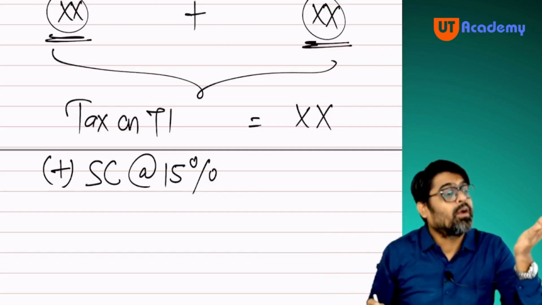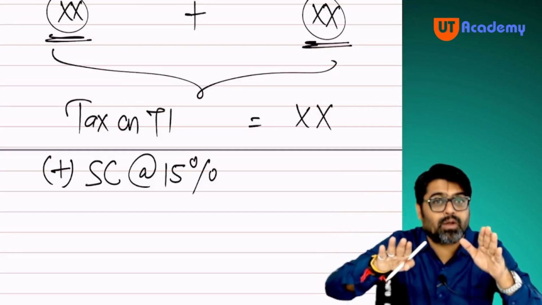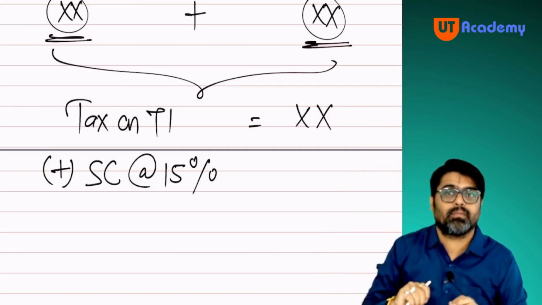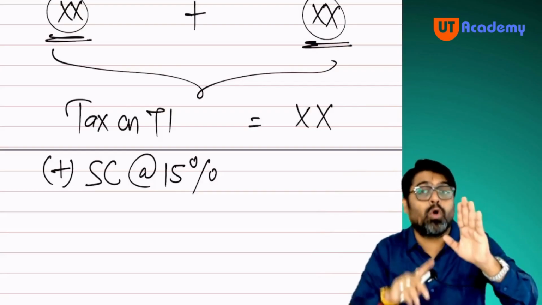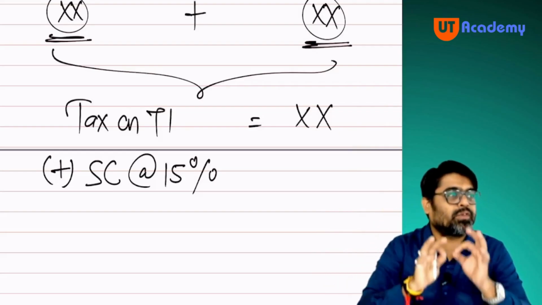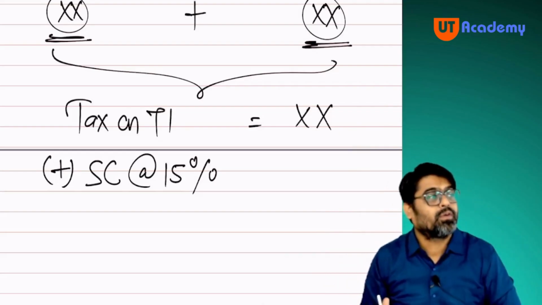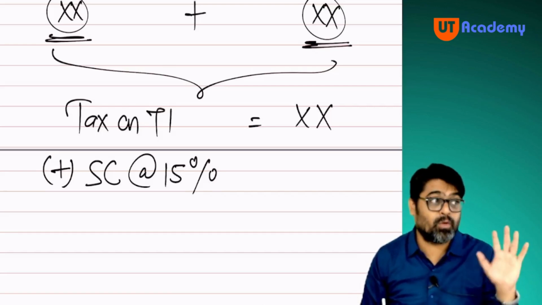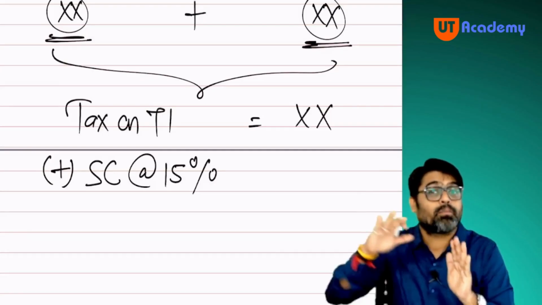So can I say, more than 50 lakhs but up to 1 crore was your total income? Then the rate of surcharge is 10%. But if the total income is more than 1 crore, up to 2 crores, the rate of surcharge will be 15%. What if your total income is more than 2 crores, but not more than 5 crores?